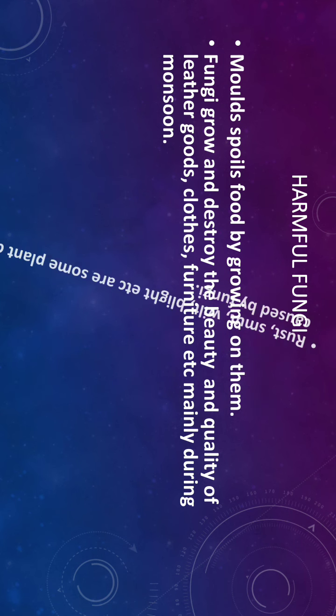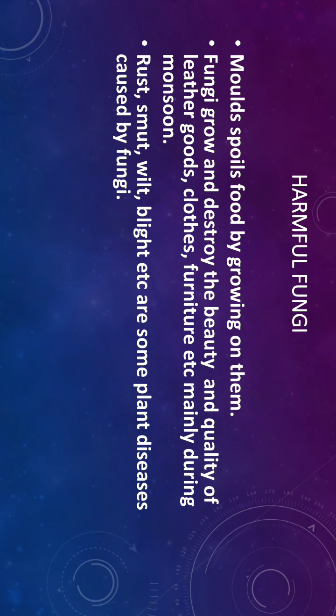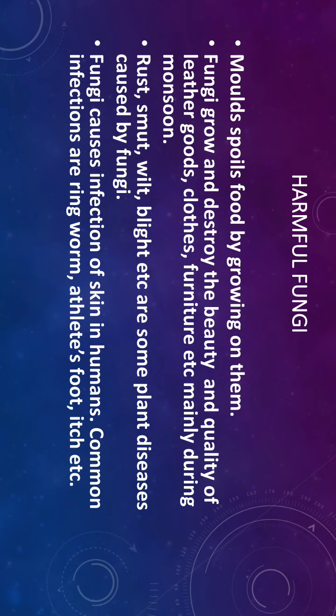After that, rust, smut, wilt, blight, etc., are some plant diseases which are caused by fungi. Fungi also cause skin infections in humans. Common infections in humans are ringworm, athlete's foot, and itch. So in these various ways fungi can be harmful to us.